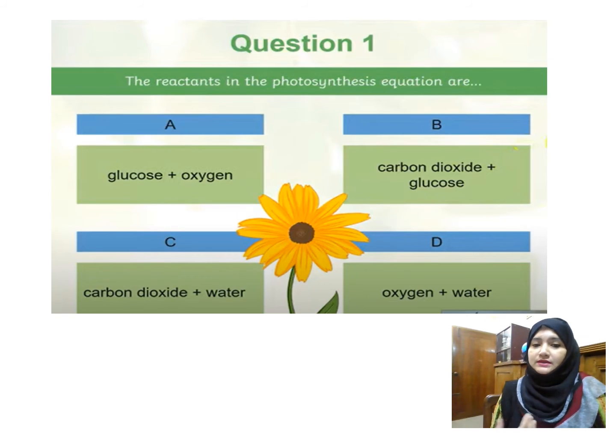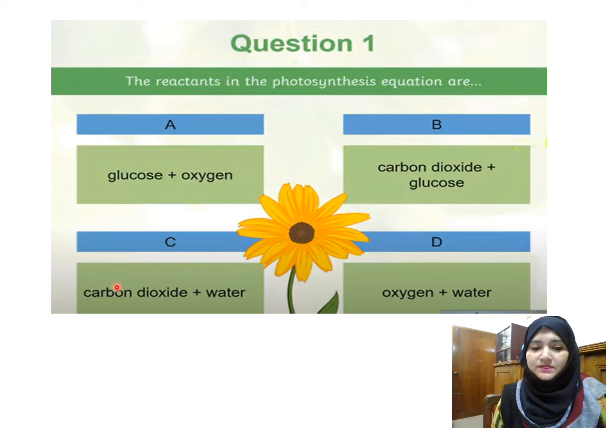Now, this is quiz time. Let's try to solve some quizzes. Okay, the reactants in the photosynthesis equation are: A, glucose plus oxygen, B, carbon dioxide plus glucose, C, carbon dioxide plus water, D, oxygen plus water.